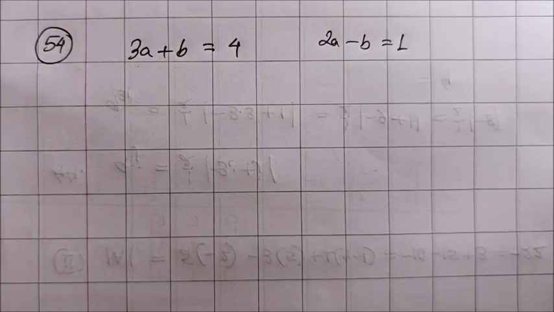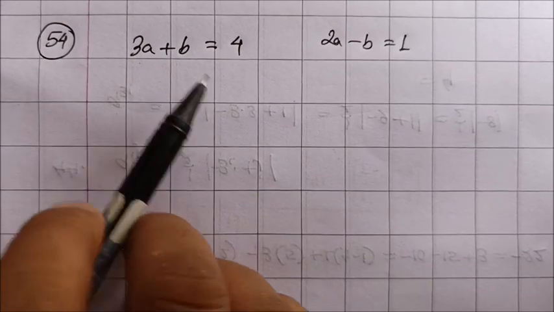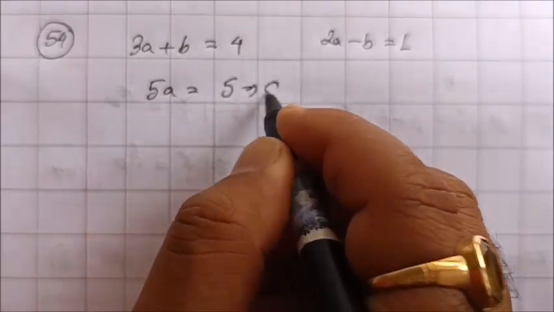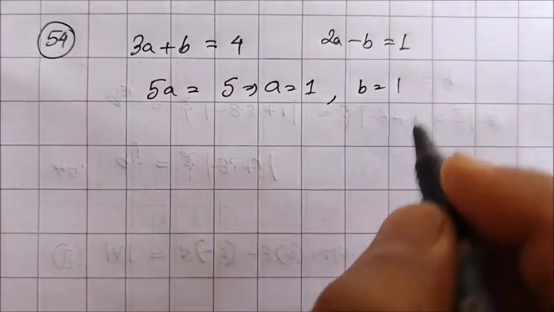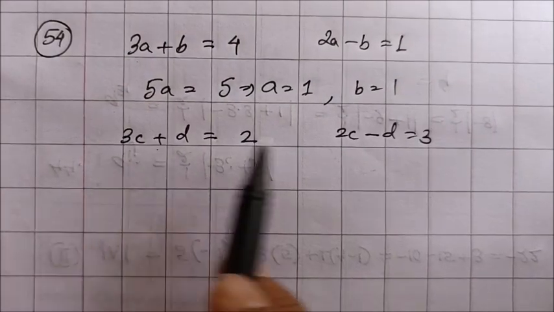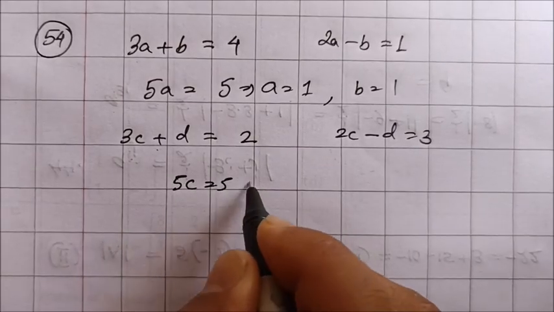Since it is an MCQ question, we cannot afford to spend so much time. You just add them, we get 5a equal to 5, so a equal to 1. If a equals 1, b is also equal to 1, right? Again, you can add these two equations for c and d. So we get 5c equal to 5, so c equal to 1.